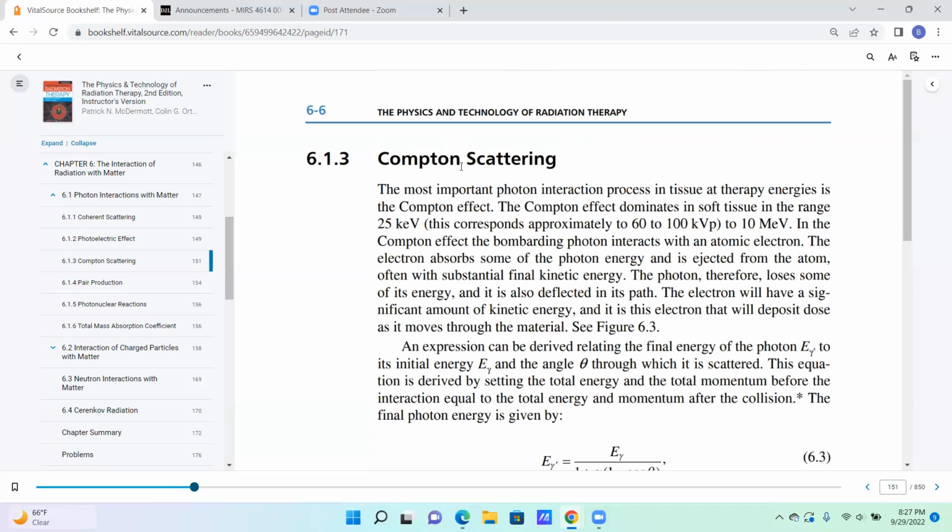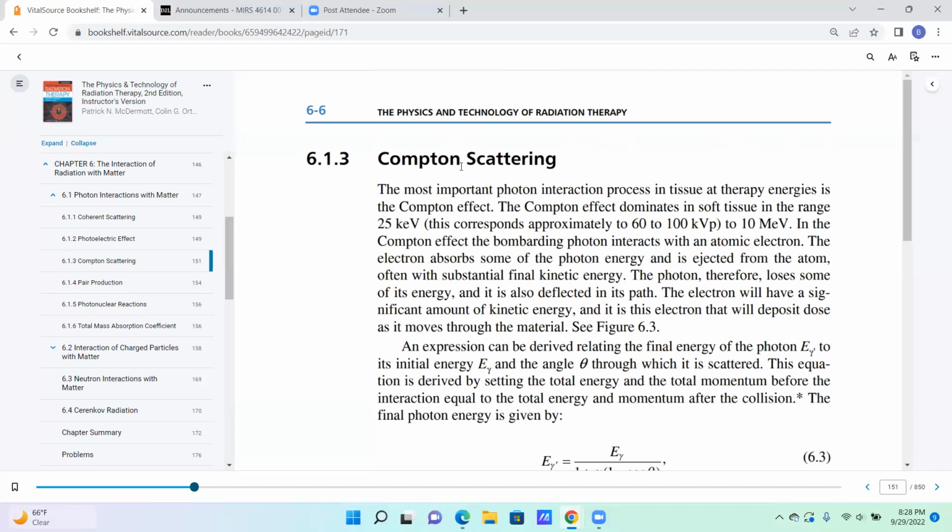It may have a little bit left, so I need to correct that. So you can see here that the electron absorbs some of the photon energy and is ejected from the atom, often with substantial final kinetic energy. In many of the cases we saw with the photoelectric effect, there wasn't very much energy left over. Here, there's going to be considerably more.